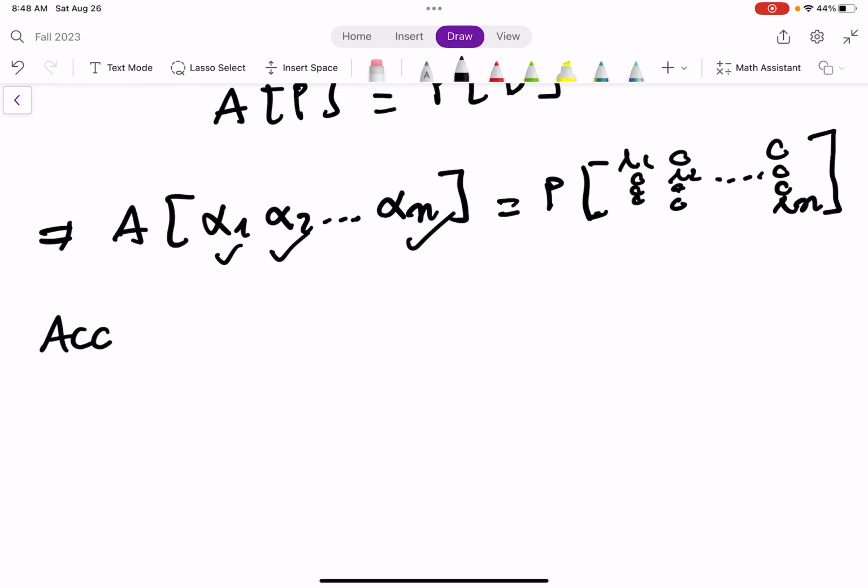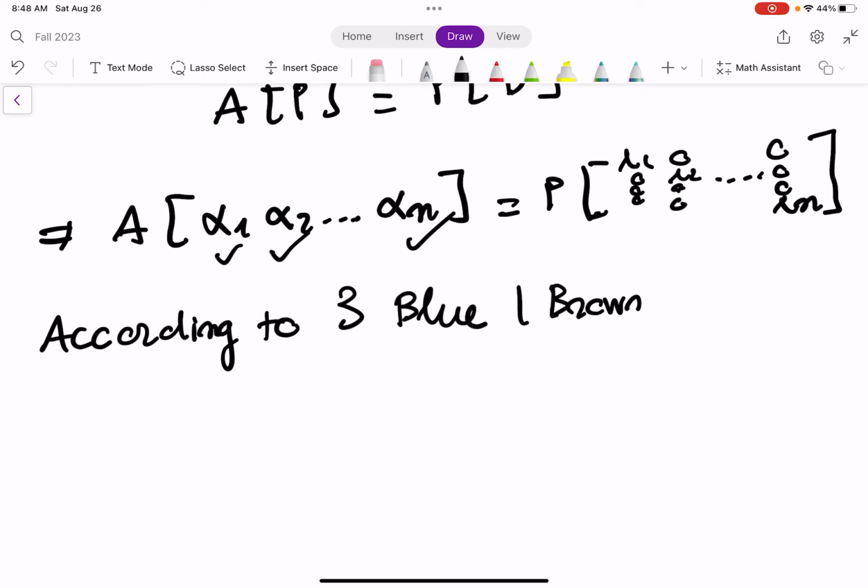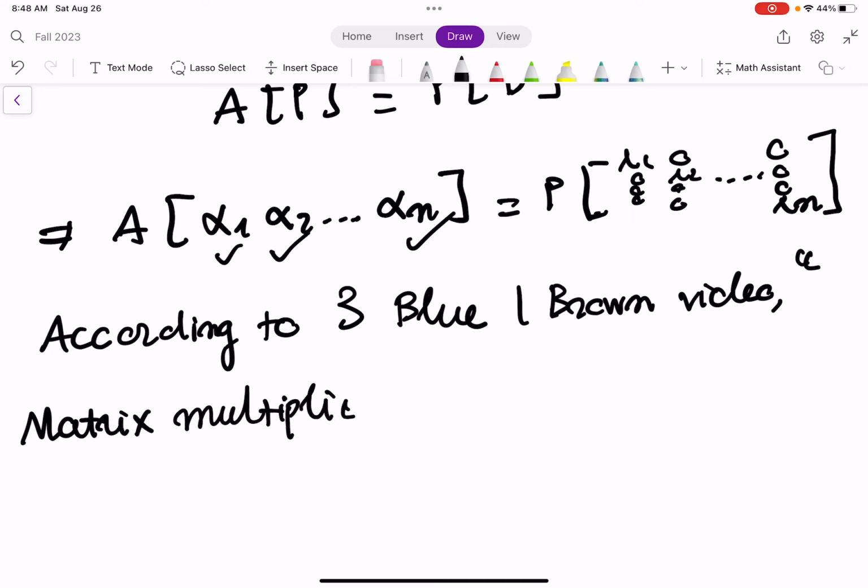According to the 3Blue1Brown video, and the video title I think is Matrix Multiplication as Composition.